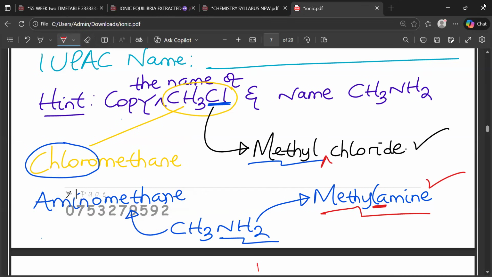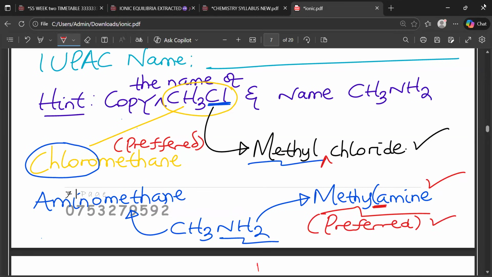So for chloromethane, this is what is preferred. They prefer chloromethane to methyl chloride. But when it comes to this, methylamine is preferred. Please understand.